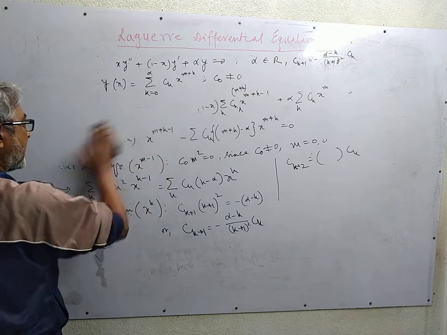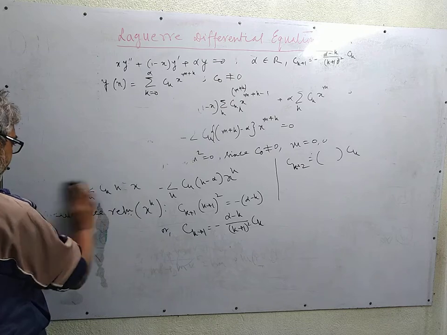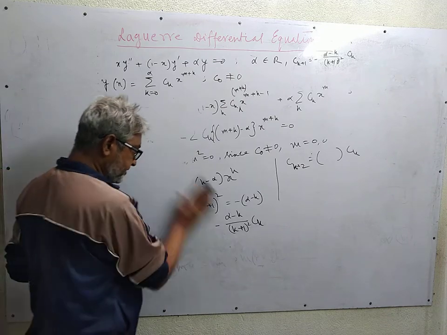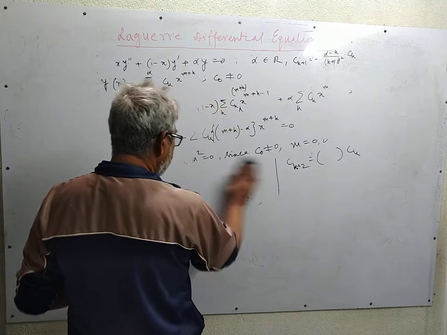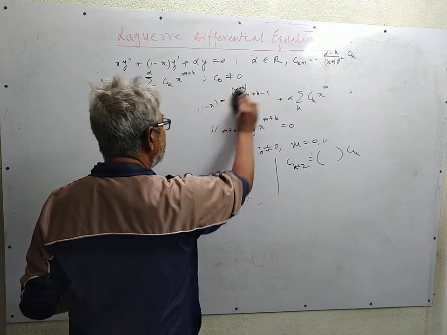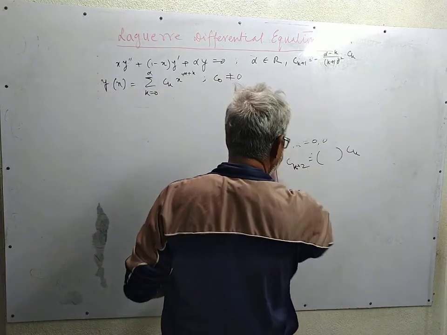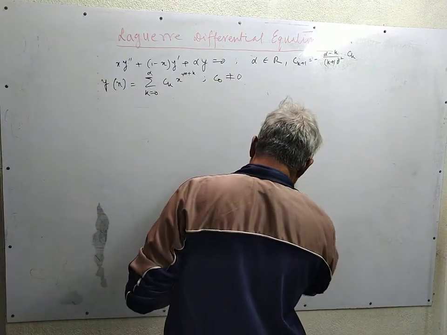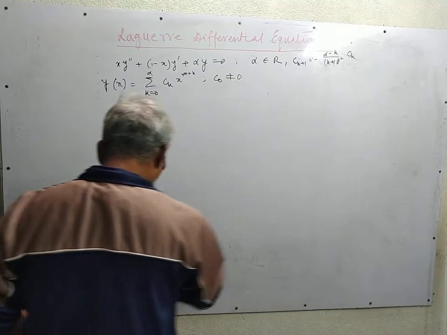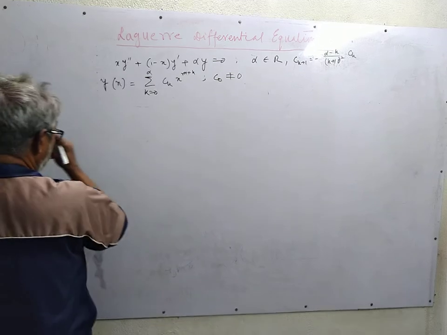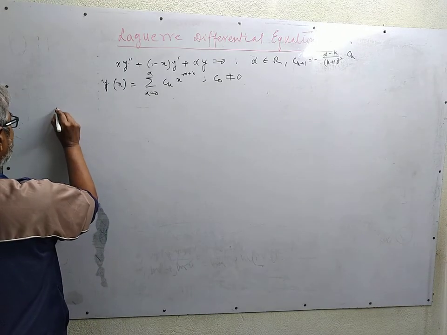The easiest test for convergence of an infinite series is the D'Alembert ratio test, which we used in the case of the Hermite differential equation too, and found that the ratio test leads us to the truncation of the series. Let us use the D'Alembert ratio test.